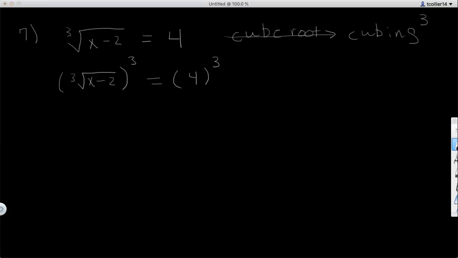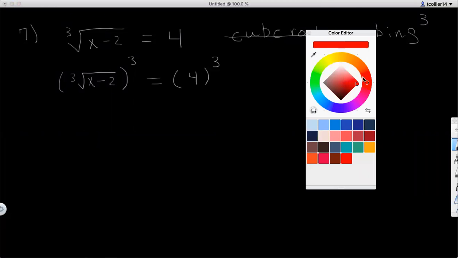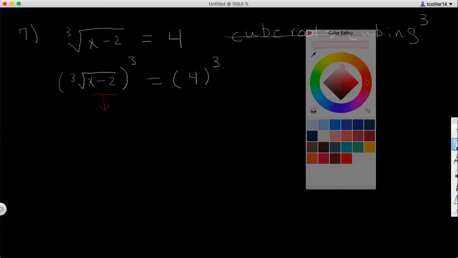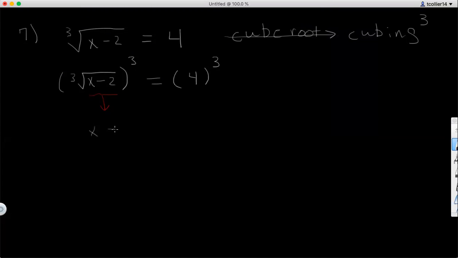So now this x minus 2 that's on the inside, it doesn't change at all. It just comes out as x minus 2. Over here on the right side, I've got 4 cubed. That is 4 times 4 times 4. That is 64.